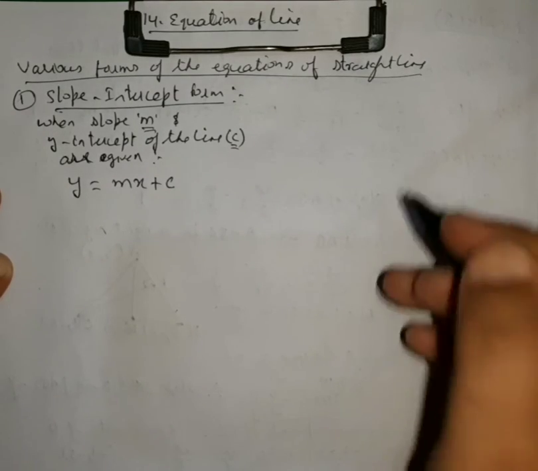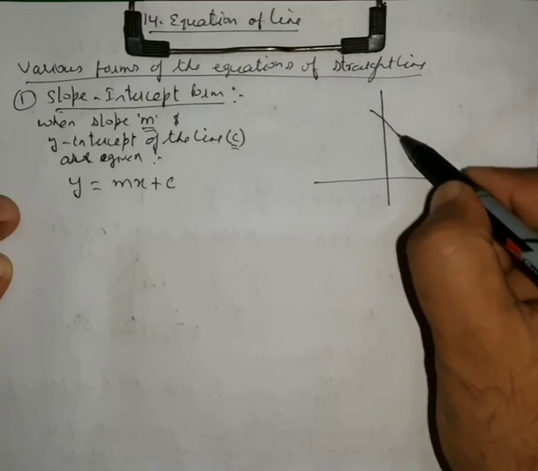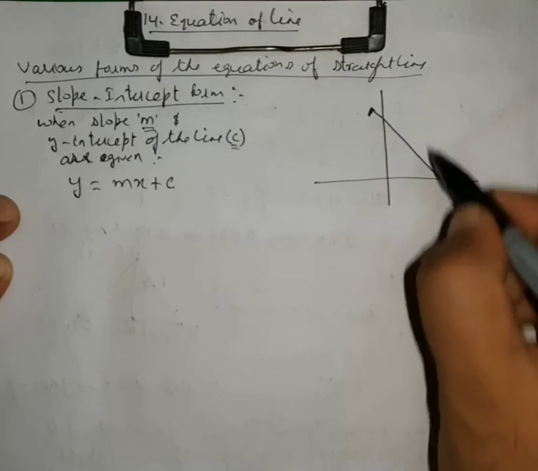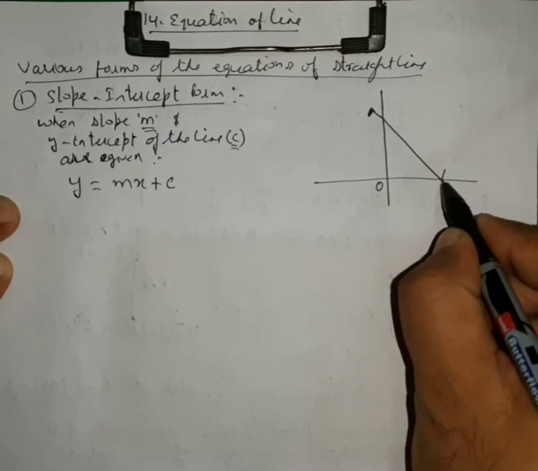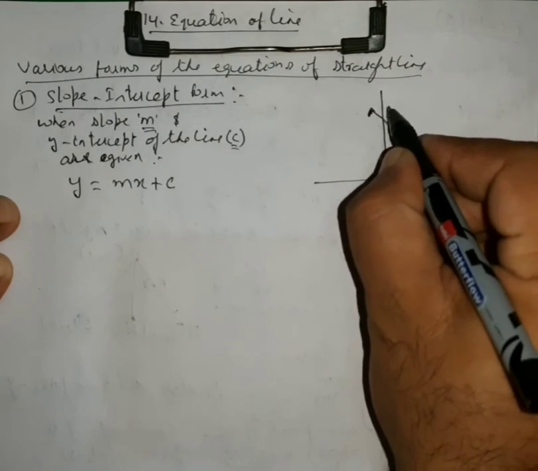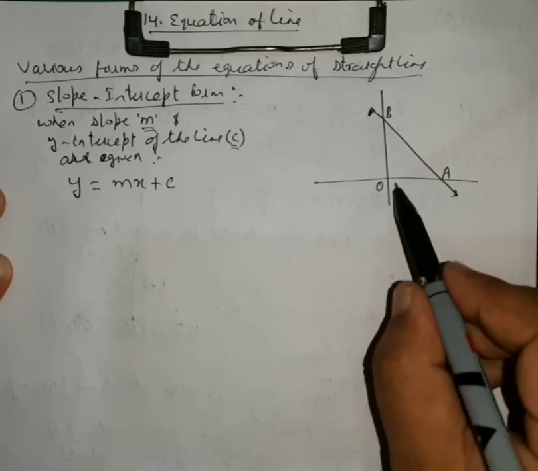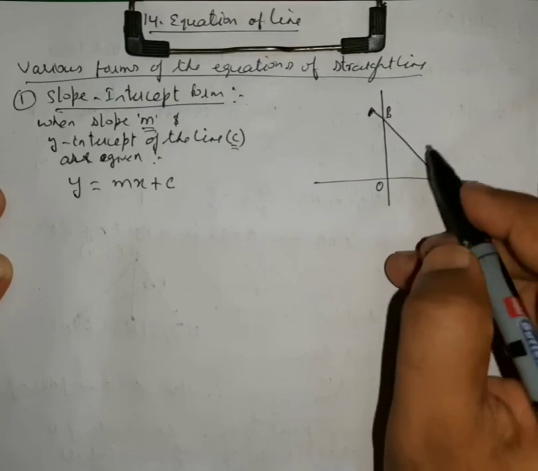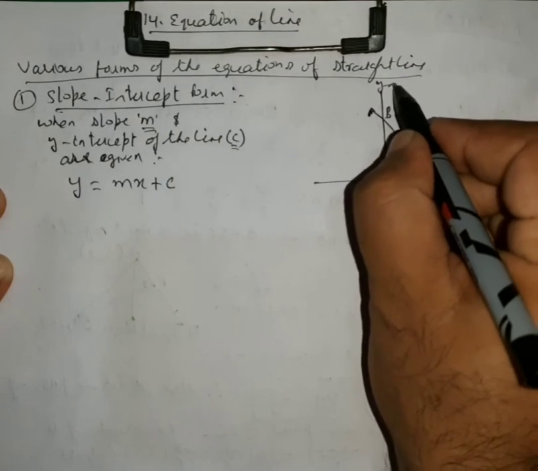Now for this, let us say that I have some line like this. Then let us say that this is the origin, this is point A and this is point B. So point A is on the x-axis where this line intersects the x-axis, and point B is on the y-axis where the line intersects the y-axis.